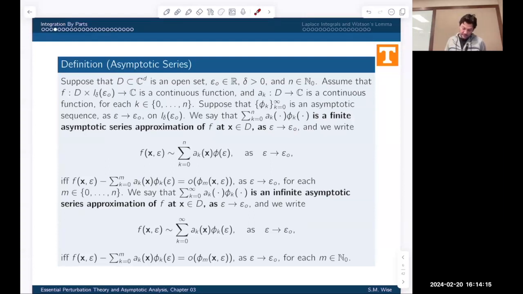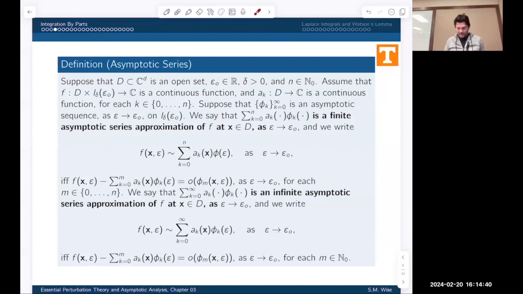If and only if F minus the mth partial sum is little o of the mth asymptotic sequence member, phi m.